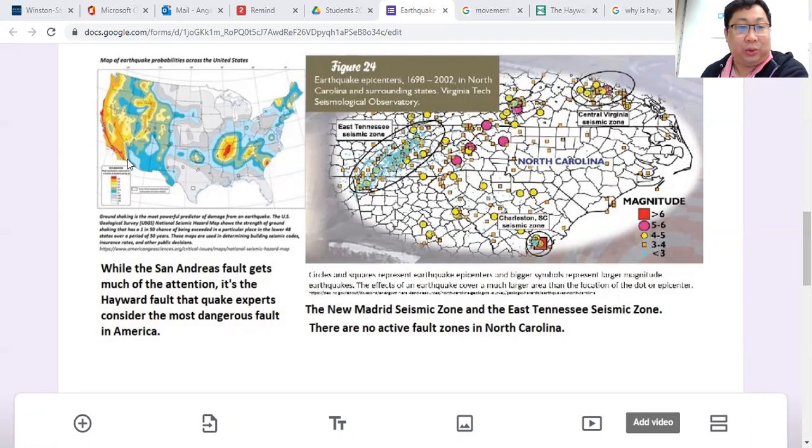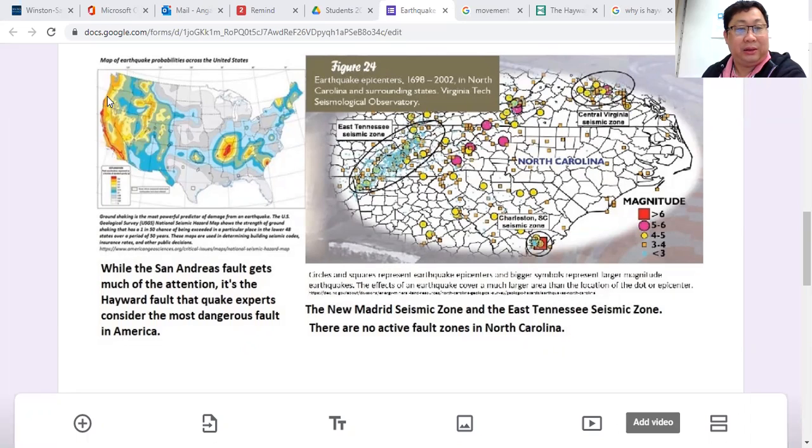And this area is what we call the location of the San Andreas Fault. It is a transform boundary, also known as a strike slip fault. What is happening here is that the Pacific plate, which is on this side here, and the North American plate are sliding past each other.